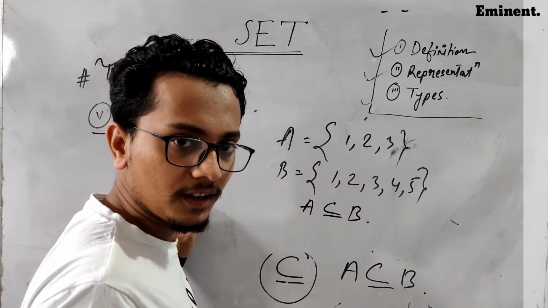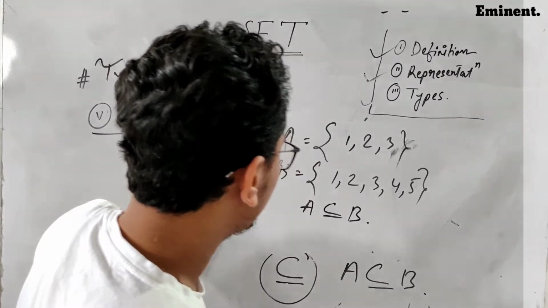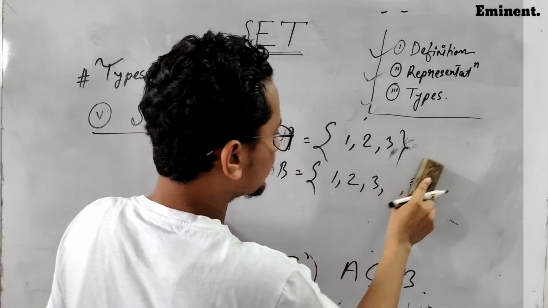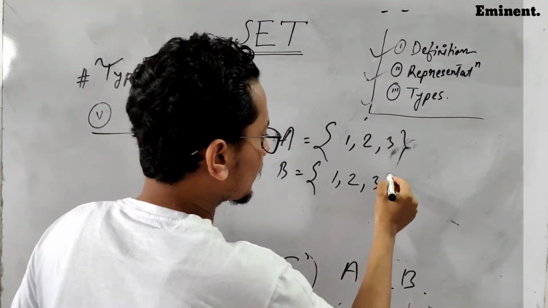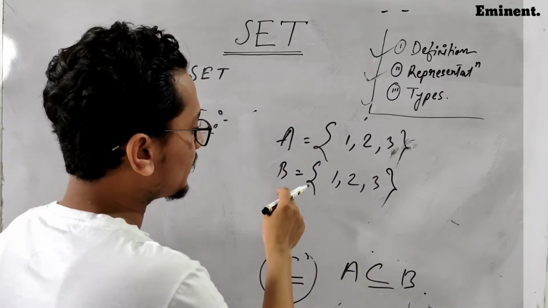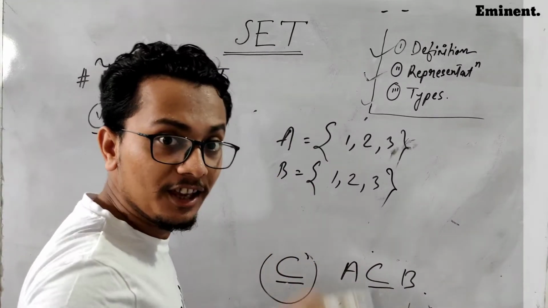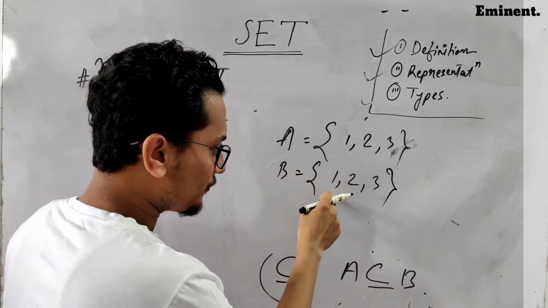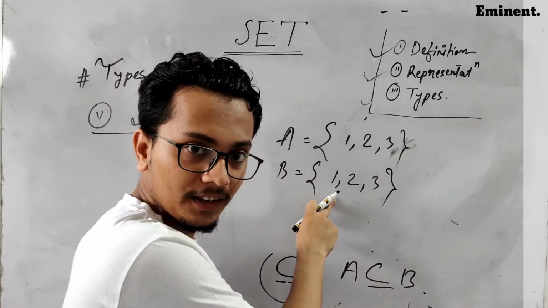Okay. Now the question is, what will happen in this case? Here also, all the elements of A are there in B, right?